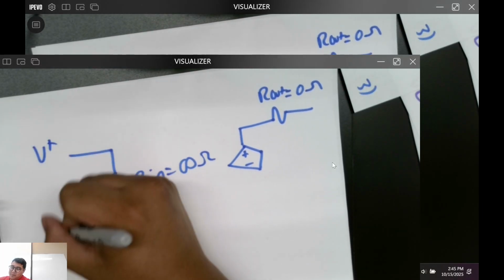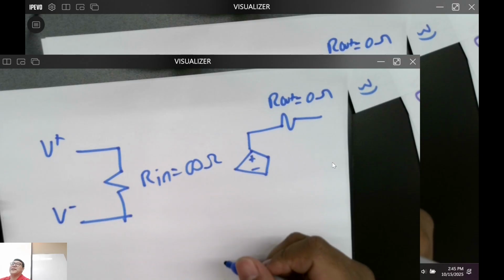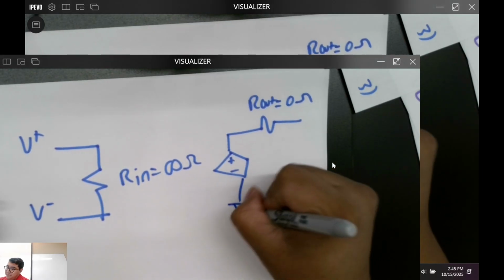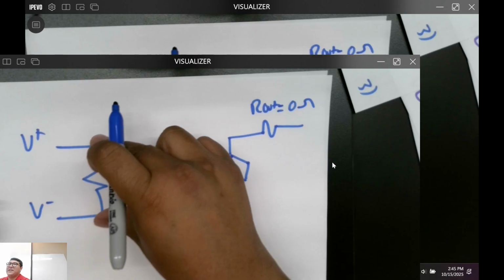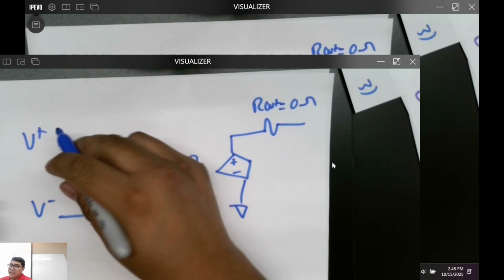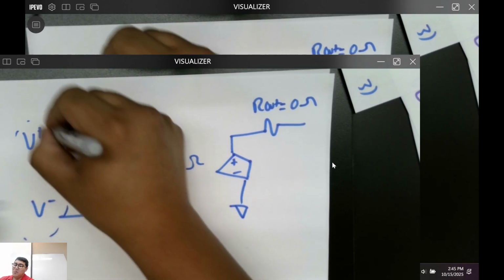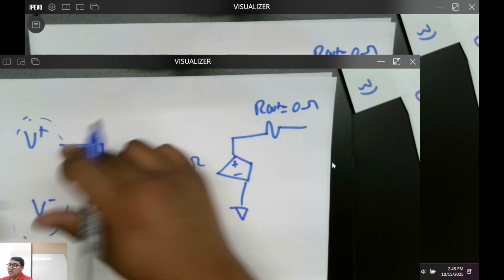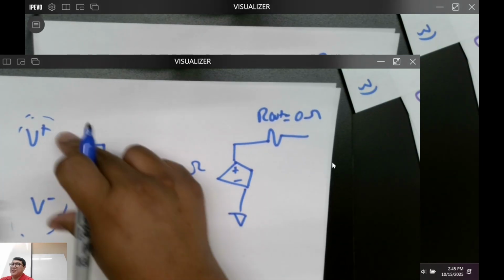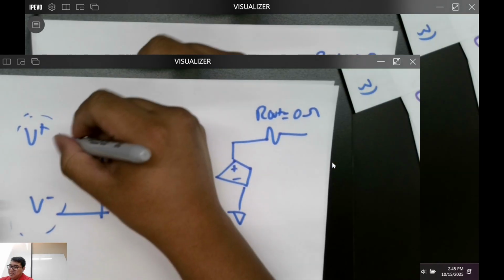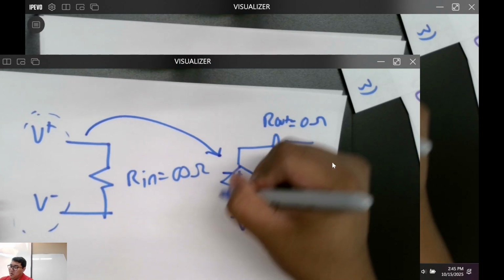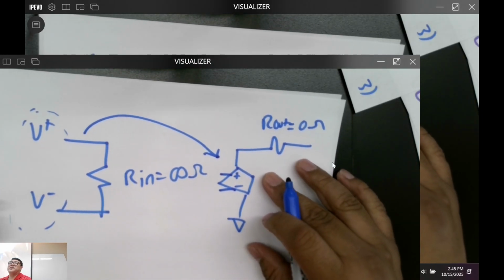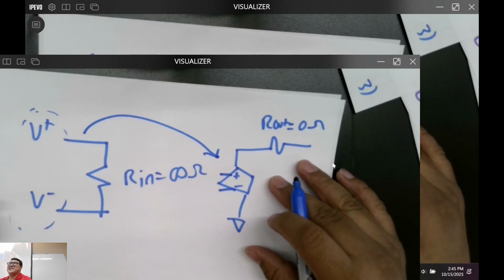V plus, V minus. So basically what I'm trying to say is that these voltages do want to stay equal, and that's what it ideally wants to do. But there's going to be a noticeable voltage difference that's going to be used to control this controlled voltage source. Does that make a little sense?